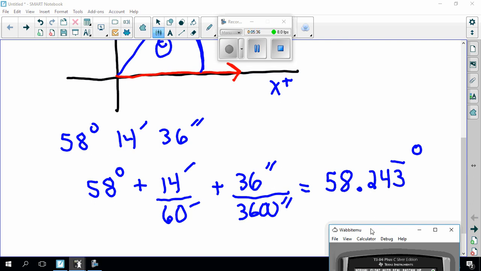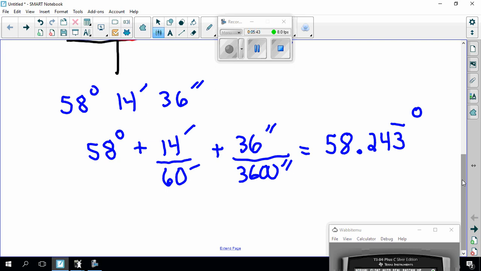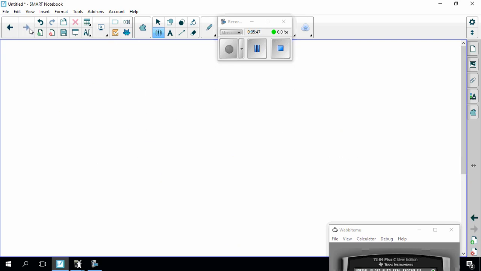Well, anyway, what we need to do is also learn how to go the other way. So let me see what I can do here. I'm gonna maybe create a new page. What happens if somebody gives you 36.147 degrees?